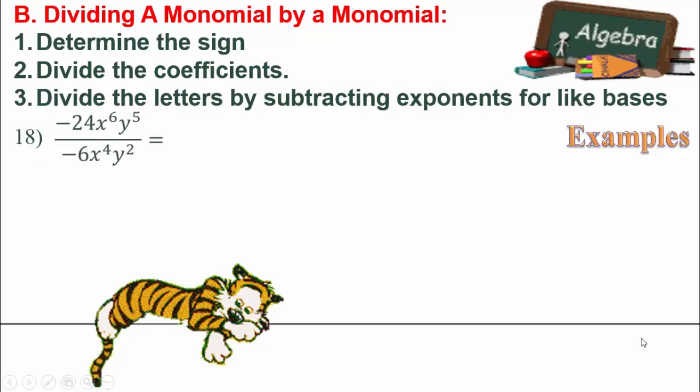So in example number 18, we have negative 24 times x to the 6th y to the 5th divided by negative 6 x to the 4th y squared. So why don't I go over to the whiteboard and work this out in detail first.